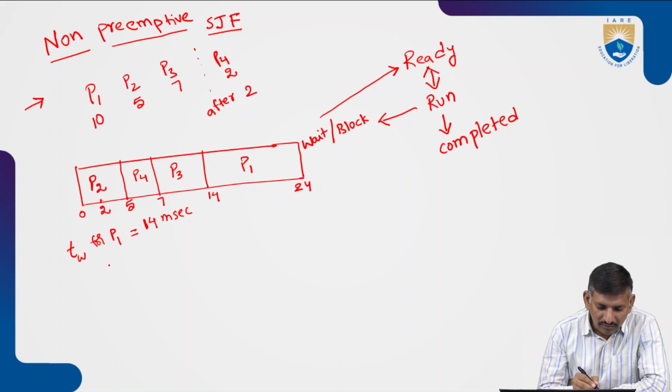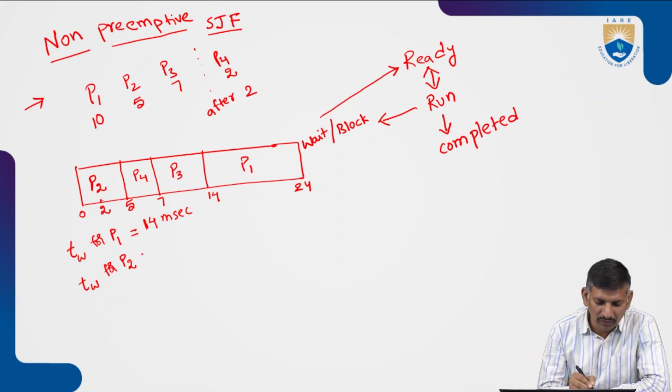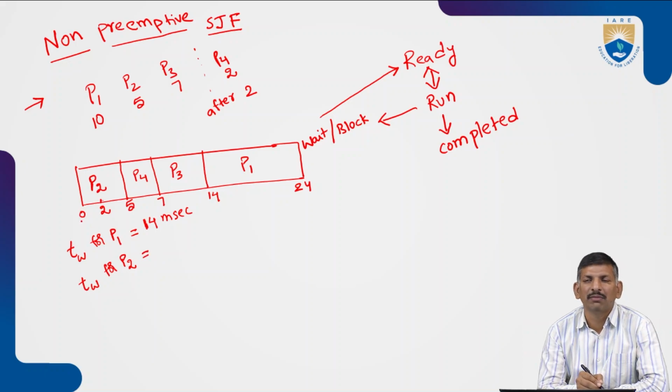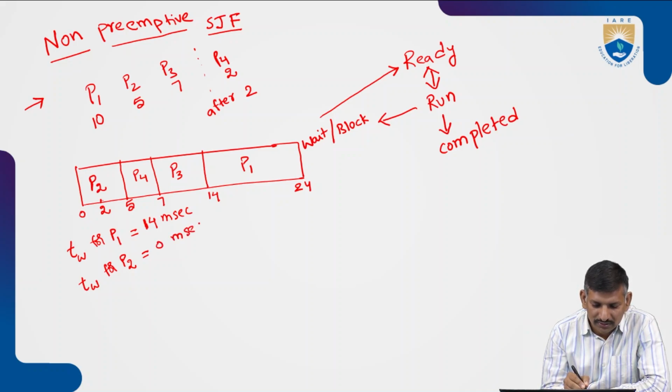Next, waiting time for P2. P2 entered into the ready state at the time of 0 and is scheduled for execution at the time of 0. So 0 milliseconds.